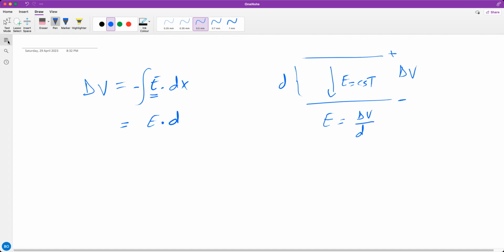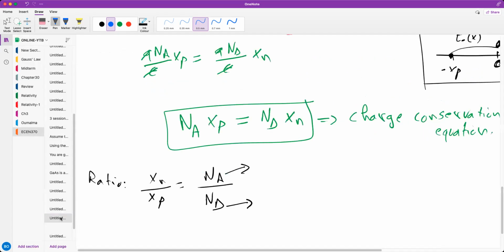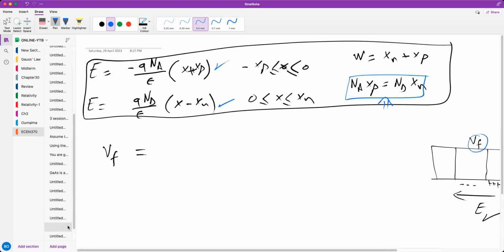Here, no. Here we just saw that the electric field depends on X, which means the electric field will change as a function of X. In fact, if you want to draw the electric field, you can see: this is 0, this is minus XP, this is XN, and this is X. You will see that the electric field does something like that.